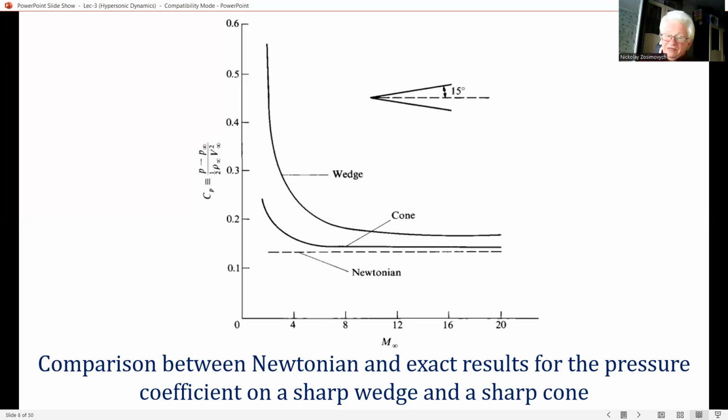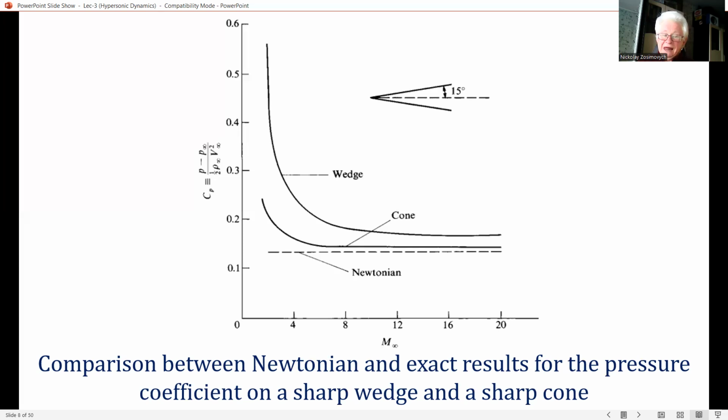But note in this figure that below Mach number 5, a minimum hypersonic value, the Newtonian results are not even close, but the comparison becomes much closer as Mach number increases above 5.